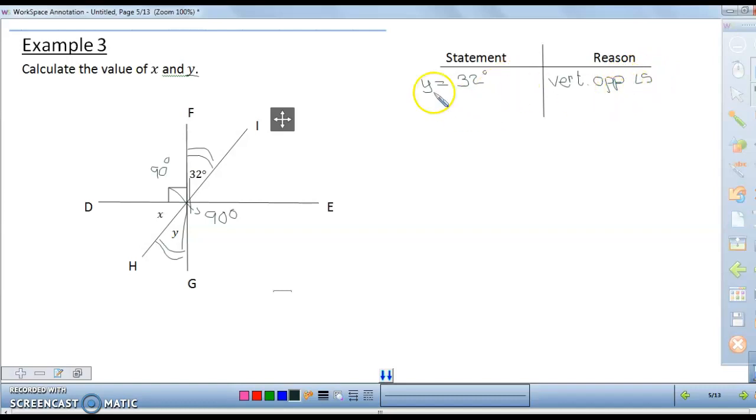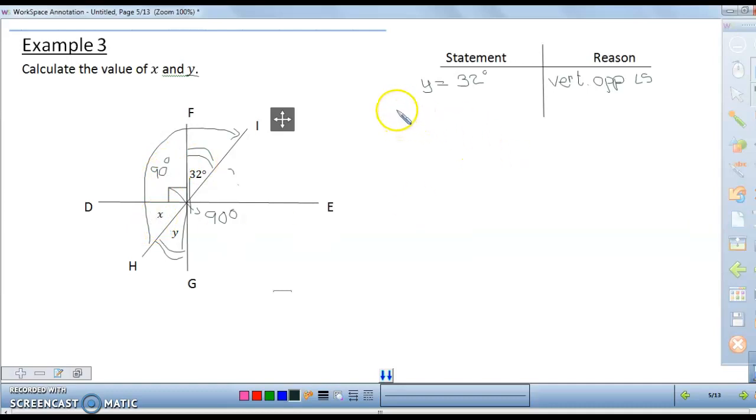Good. Then let's look at x. We don't know what angle x is. But angle x forms a straight line. HI is a straight angle. I know what that one is and I know what that one is, so I can get x.